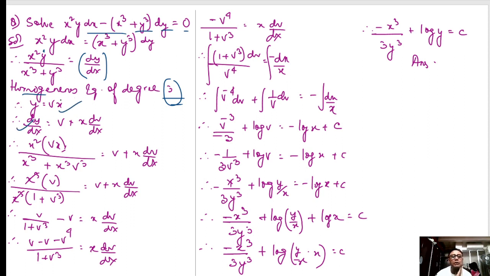Dy by dx equals v plus x dv by dx. So in place of dy by dx, put this value here, and in place of y, put vx. So it becomes this.